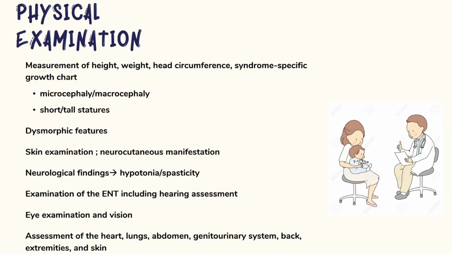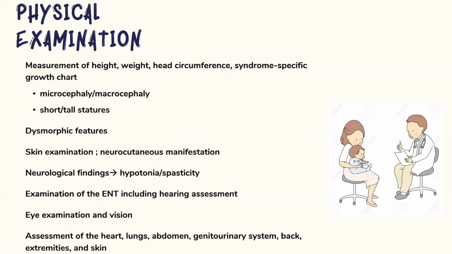Macrocephaly is usually due to hydrocephalus or maybe due to any primary skeletal cranial dysplasia, like osteogenesis imperfecta, or any osteoporosis or rickets. All right, so dysmorphic features, I'll explain a bit more later.